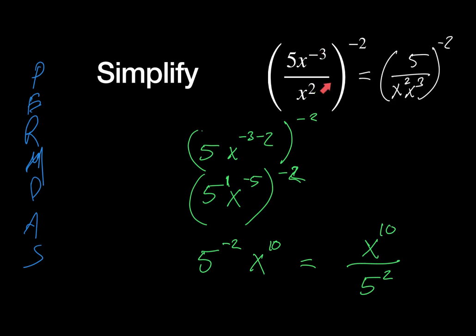Now I have same bases, x squared, x cubed. I would have 5 over x to the 5th, to the negative 2. Negative exponent means I move everything to the other side. This could then be considered x to the 5th over 5 squared.